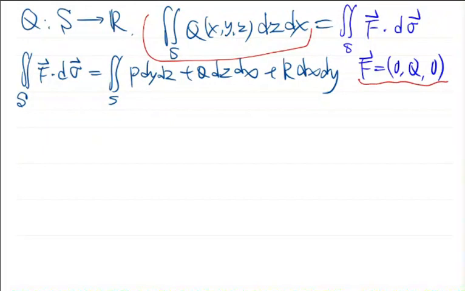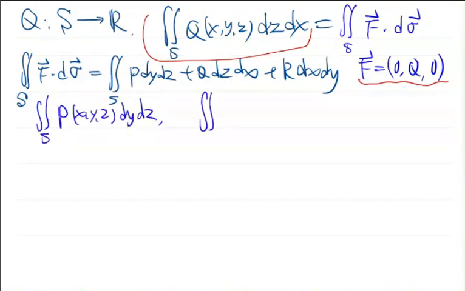And of course the other two kinds of integral, for P with dy dz and R with dx dy, can be interpreted similarly by constructing a particular vector valued function or vector field.